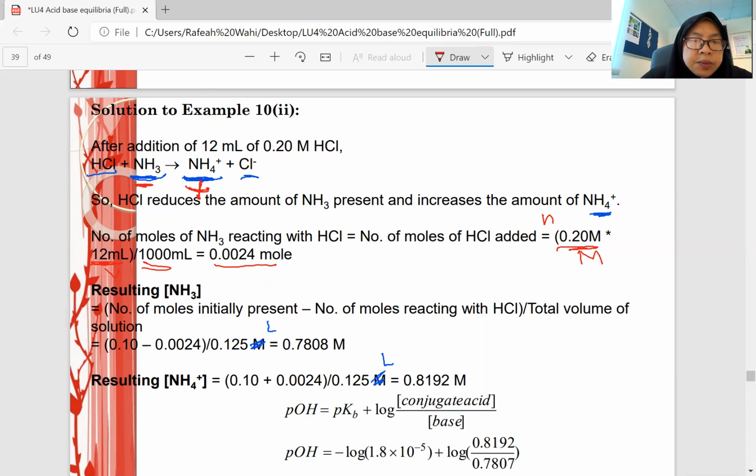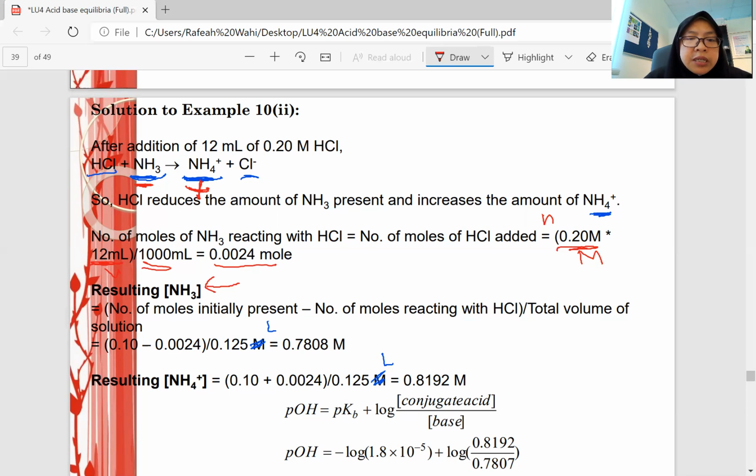And what is happening to the resulting concentration of ammonia? We know that when HCl comes into the buffer solution, it reacts with the ammonia in the buffer solution, reducing the number of moles of NH3. So the resulting concentration of the ammonia would be smaller compared to the initial concentration.